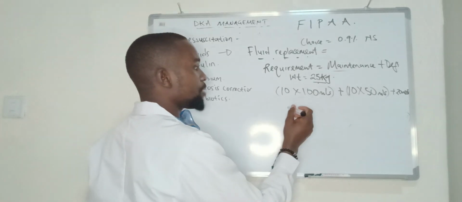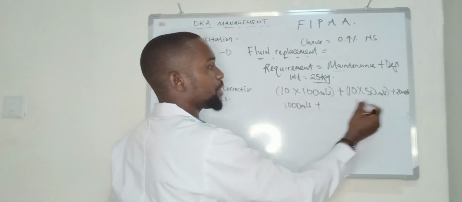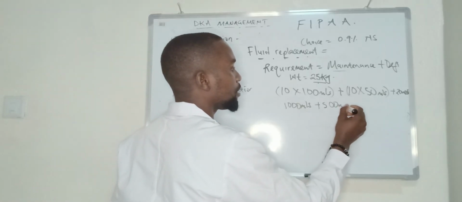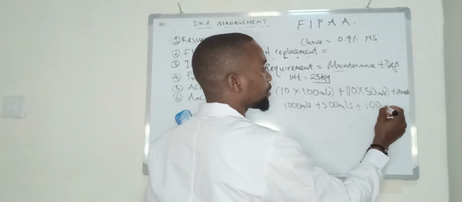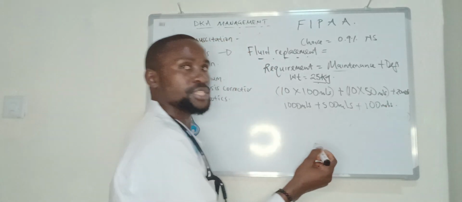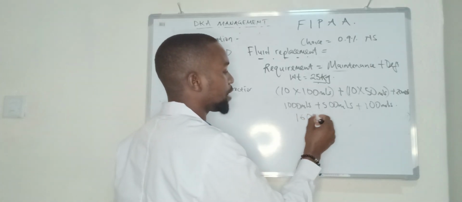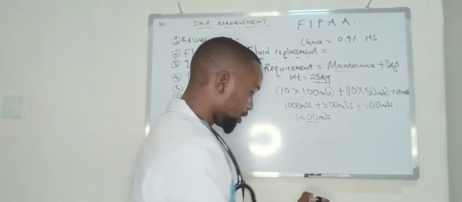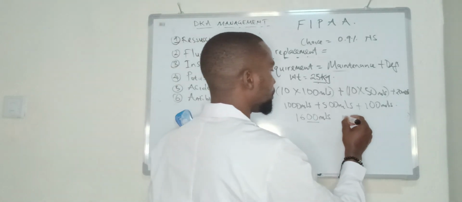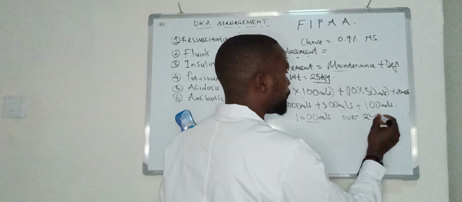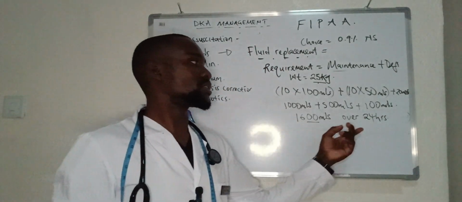So 10 multiplied by 100 mils is 1000 mils, plus 10 multiplied by 50 mils is 500 mils, plus 20 multiplied by 5 is 100 mils. So the maintenance fluid you are going to give in this patient is 1600 mils over 24 hours.